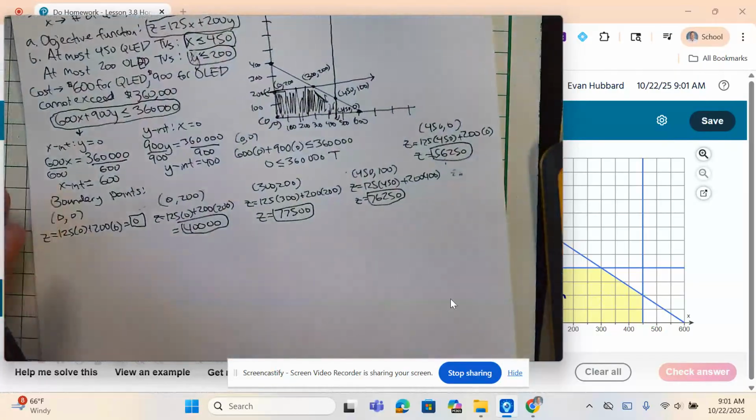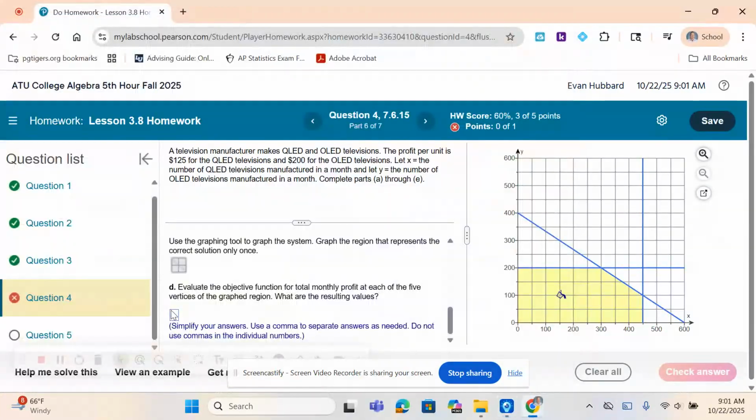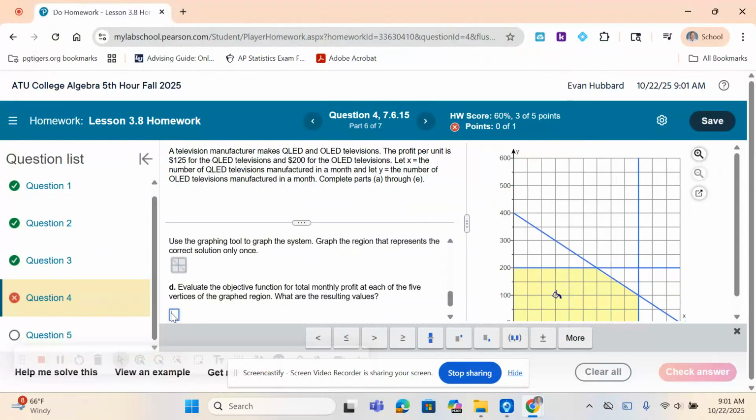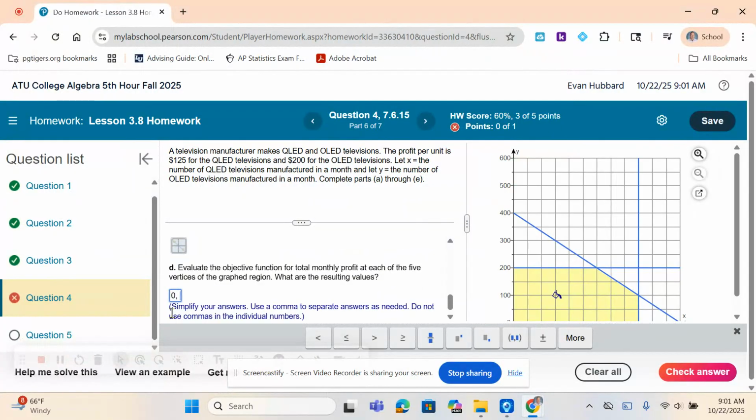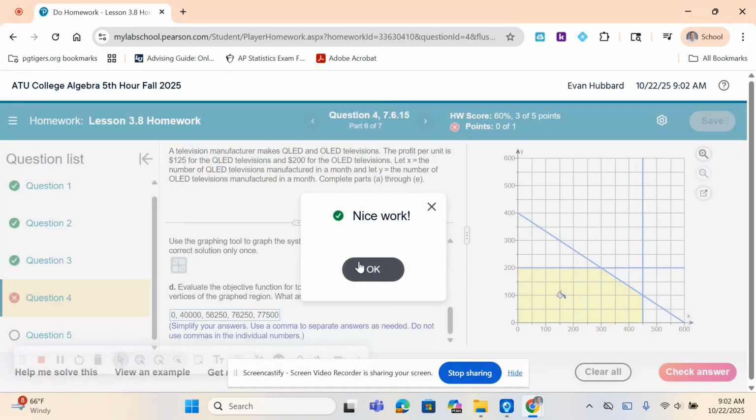So they're going to ask me for my boundary points, and the values are 0, 40,000, 56,250, 76,250, and 77,500.